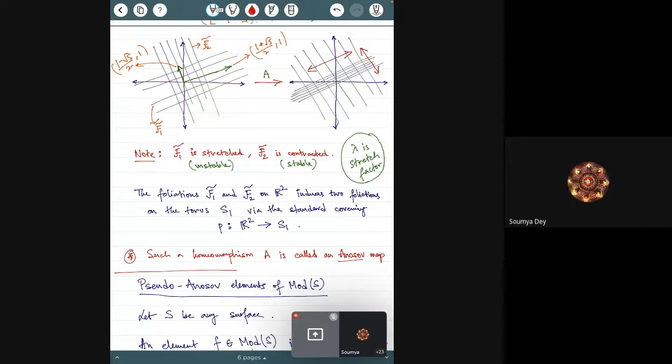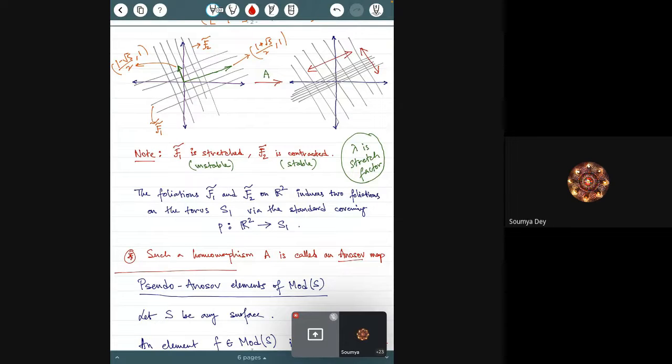So they are called transverse foliations here. The foliation which is getting stretched, let us call the unstable foliation, and the one which is getting contracted, let us call the stable foliation. And this particular constant lambda, we are calling it a stretch factor for this map. Okay, these are just terms.